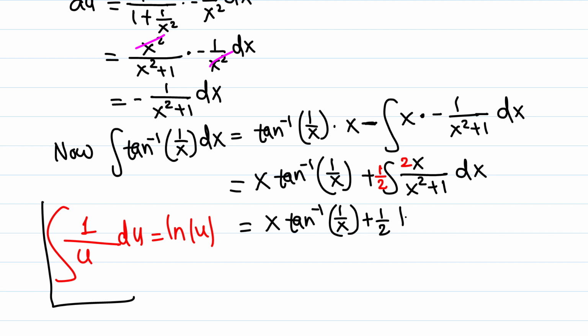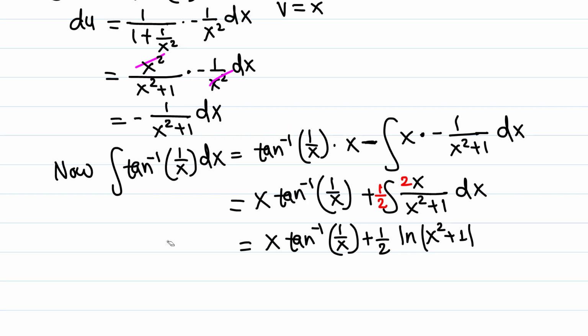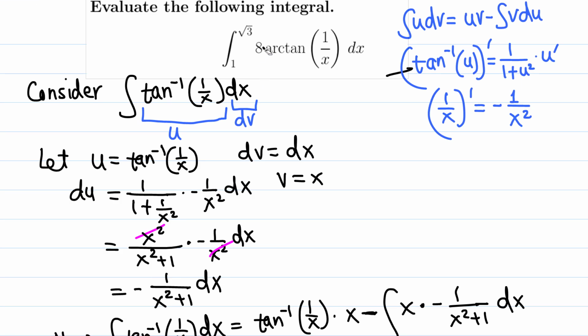So this one, natural log of the bottom, x squared plus 1, absolute value, which is not needed, plus c. But we are in the case of a definite integral, so I don't write plus c here. And that is just ignoring 8 and limits.